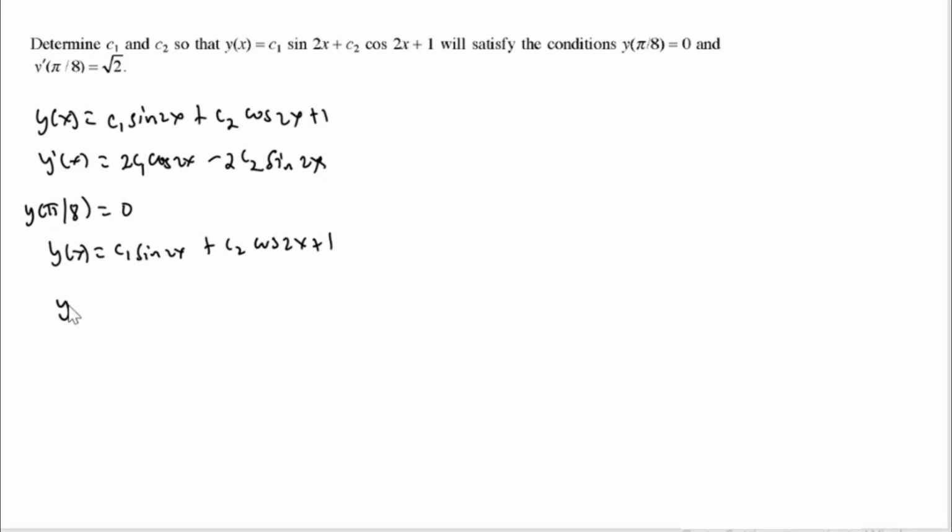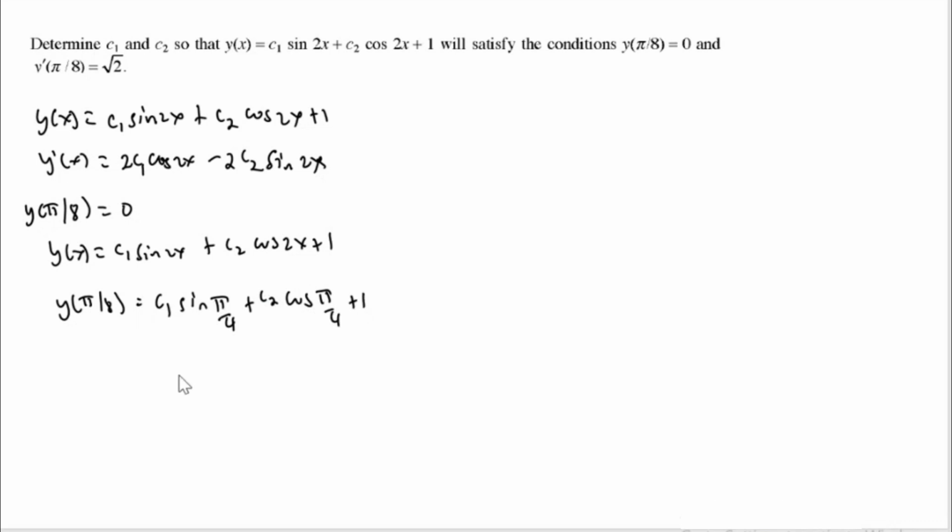So y of pi over 8 is equal to c sub 1 of sine of 2 times pi over 8, which becomes pi over 4, plus c sub 2 of cosine 2 times pi over 8, also pi over 4, plus 1.